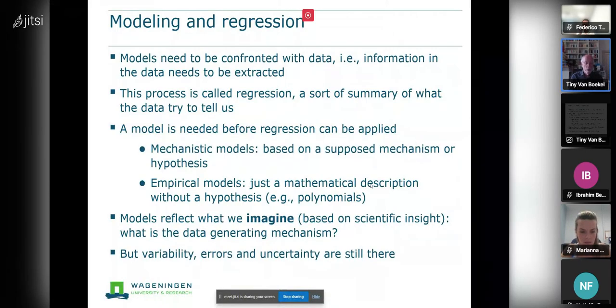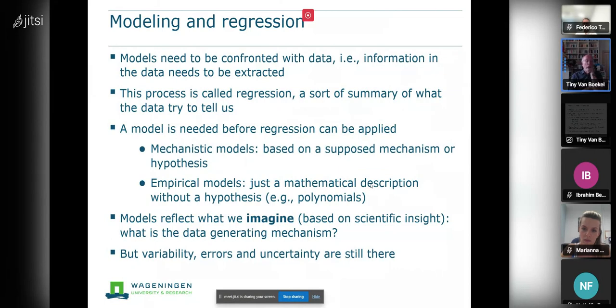We need to measure. And then the question becomes, how can we extract the information in the data? Because the data as such are not important. Well, they are important, but not so useful. The usefulness is in the information that they carry. And to extract that information, we use a technique that's called regression.